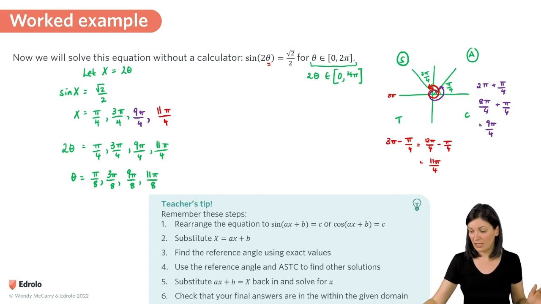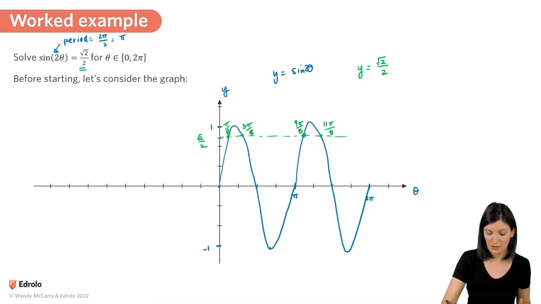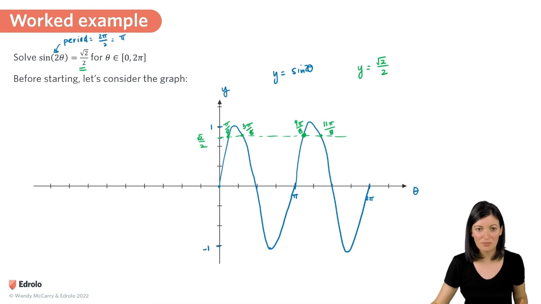And if we go back to the sketch that we did, I can see that these are going to be my pi on 8, 3 pi on 8, 9 pi on 8, so that's just over pi, and 11 pi on 8.